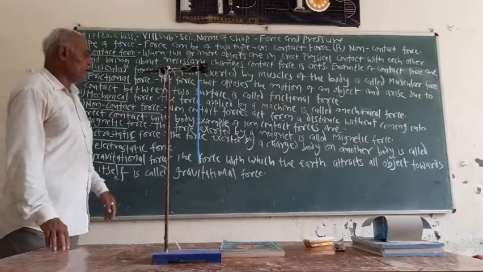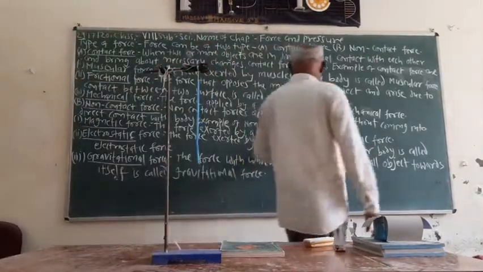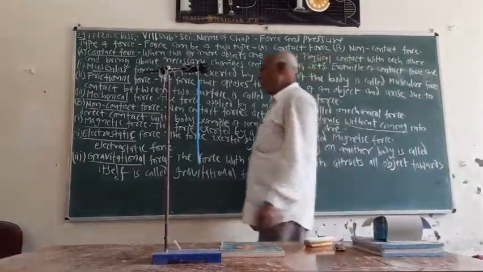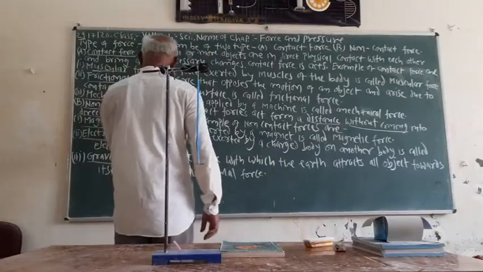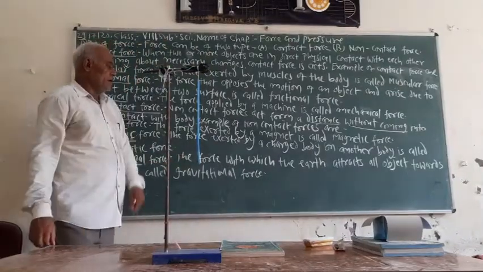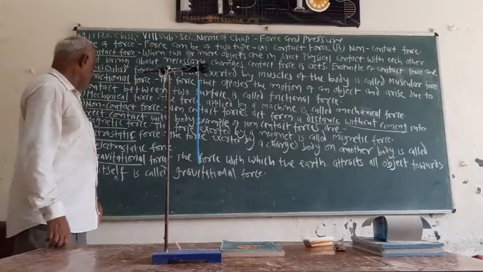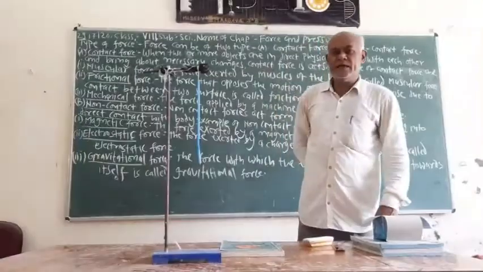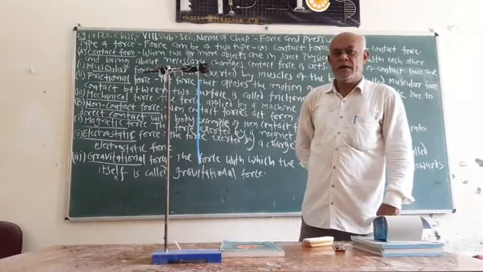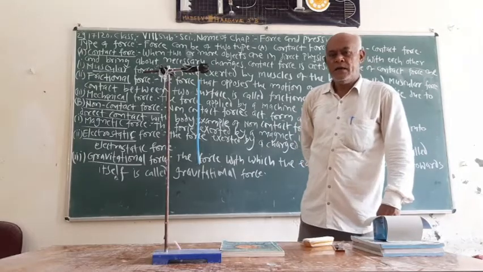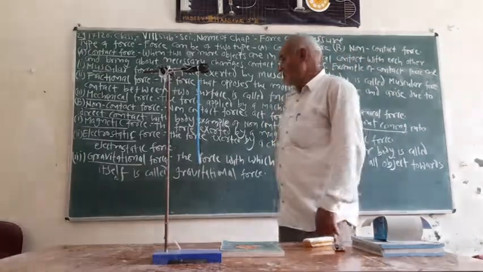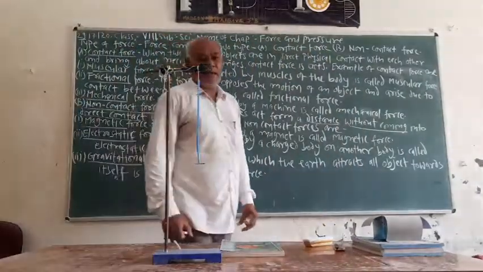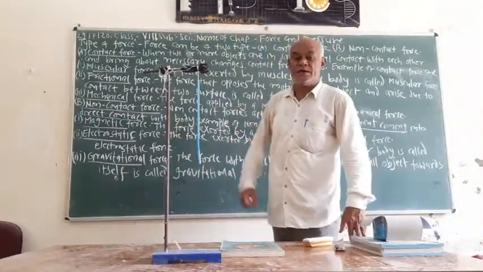So, non-contact force acts from a distant place without coming in contact. No contact between the two bodies is there. Magnetic force: you learn about different types of magnets, that is bar magnet, horseshoe magnet, needle shape magnet, oval shape magnet, ring shape magnet, etc. A magnet attracts magnetic material from a distant place towards it.